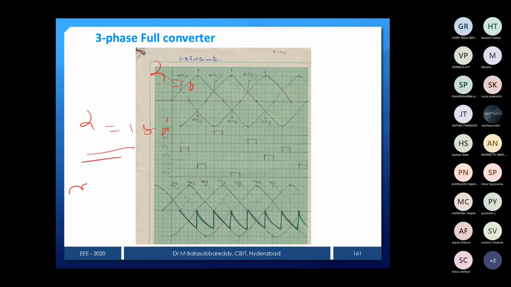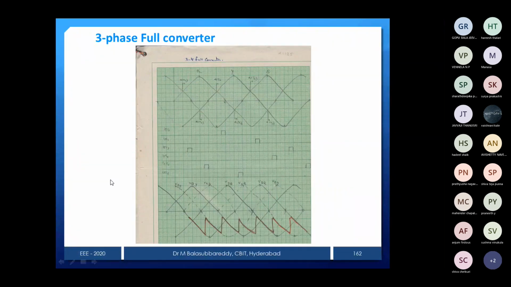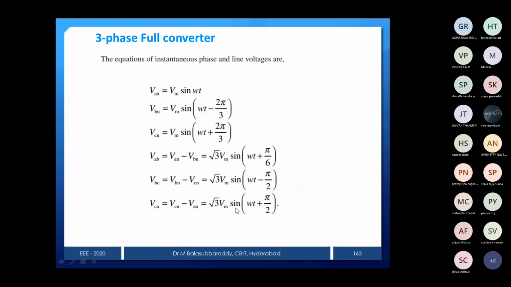Alpha is 0, this is your waveform, and alpha is 180 degrees, you get it on the negative side. Both are the same. 180 degrees is the maximum negative, 0 is the maximum positive, and this is alpha equal to 135 degrees. Go through this carefully, and if you have any doubt, you can ask me at any point of time.